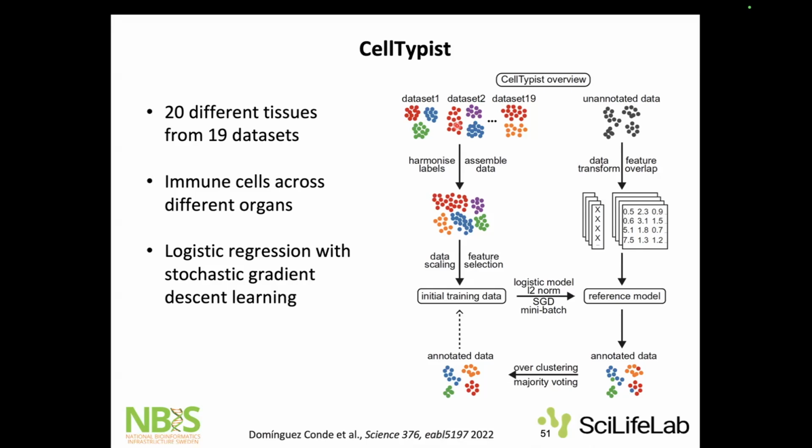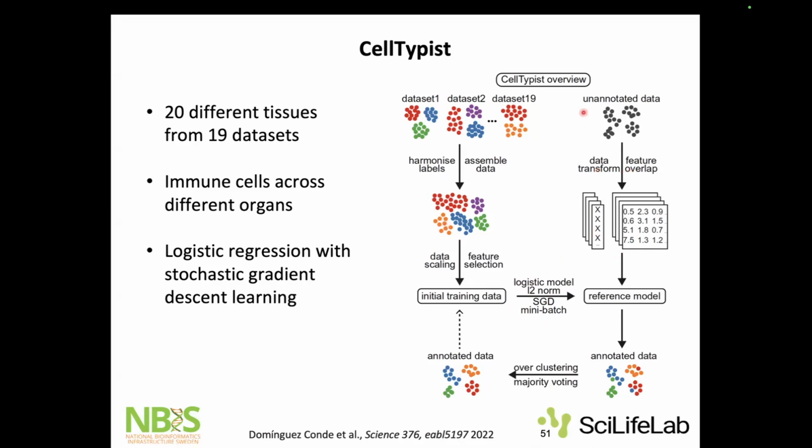First they used all the genes and ran an initial training, and then they chose 300 genes per cell type, combined those, and used those features for the main training. They also divided the data sets into mini batches to speed up the process because the data set was huge. They didn't want to spend so much time on that.